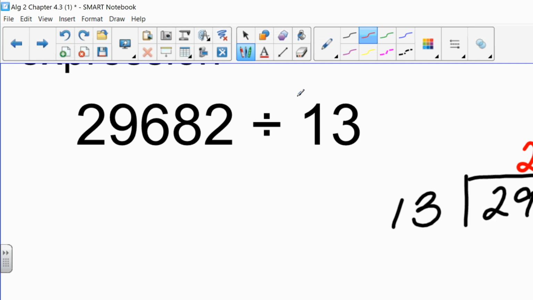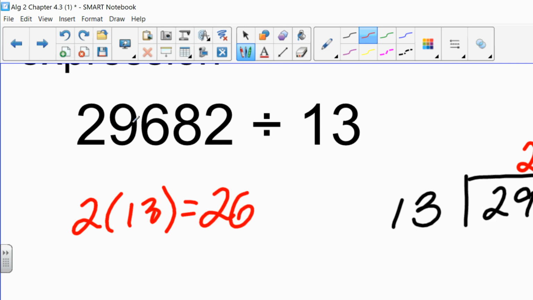2 times, because we want to simplify, we want to eliminate and reduce this number inside, 29,682, all the way down by 13s. And the first thing we can say is 13 goes into 29 2 times. Then we would do 2 times 13, and 2 times 13 would be 26.